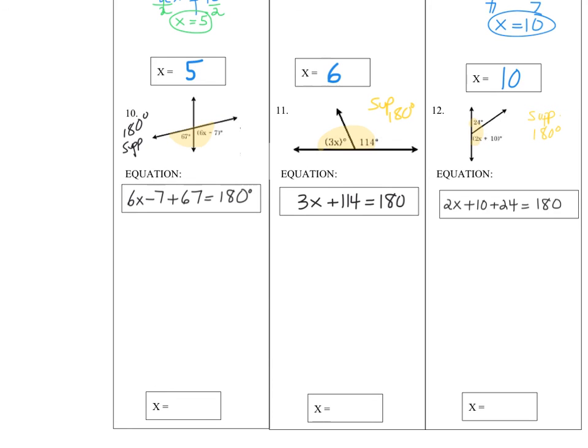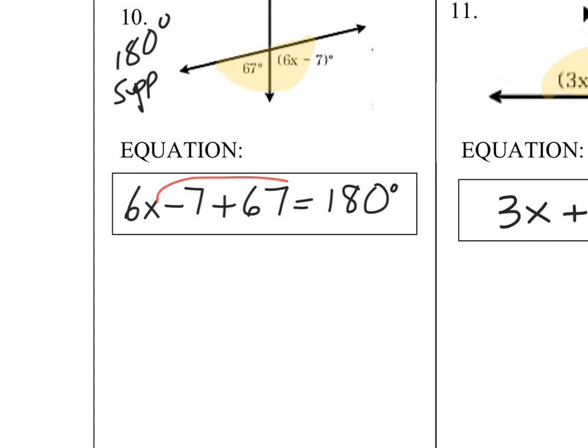What can you put together? I'll do this one with you right here. What can we do there? 6x, and that's going to be plus, combine these, that's going to be 60. Don't forget that's subtract 7 from 67 equals 180.